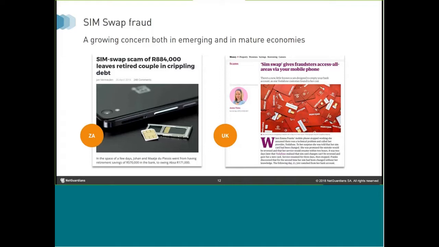Here are 2 articles, and there's a lot of information online that you can find on this. If, for example, I look at this SIM swap, it cost about 884,000 rand lost for a retired couple. You can imagine this is taking back 20 years of their life savings.